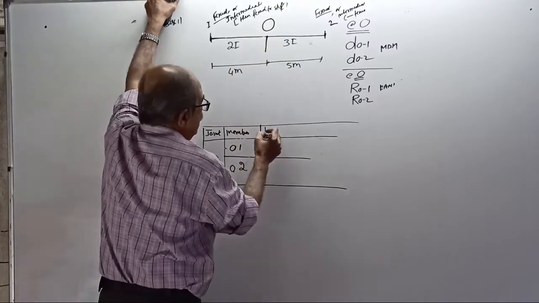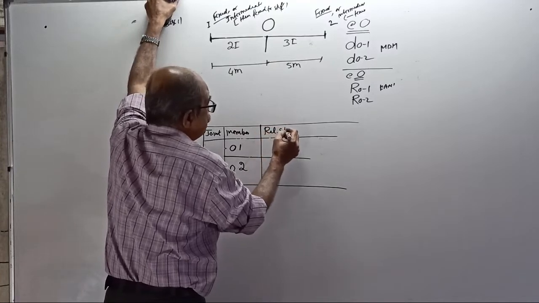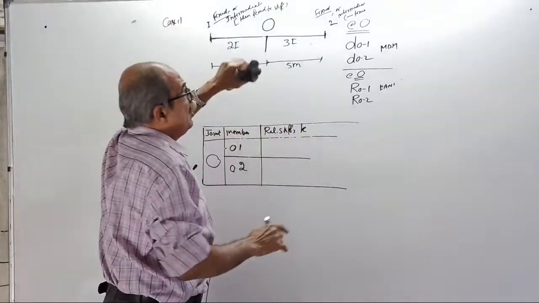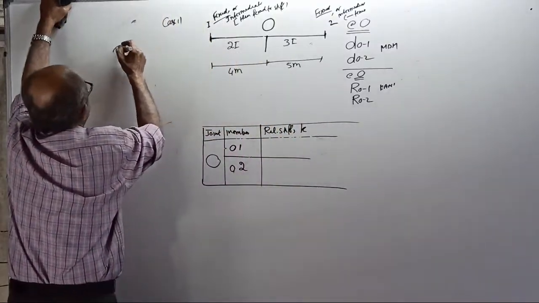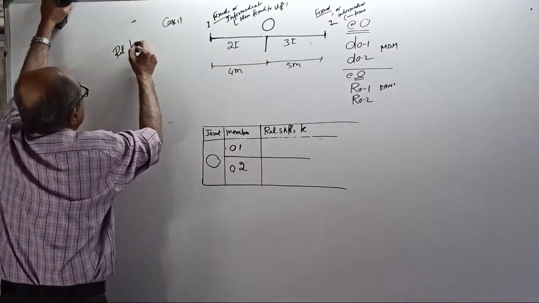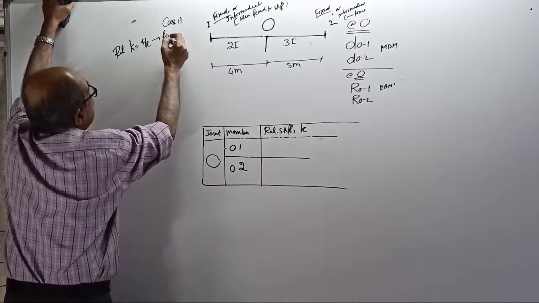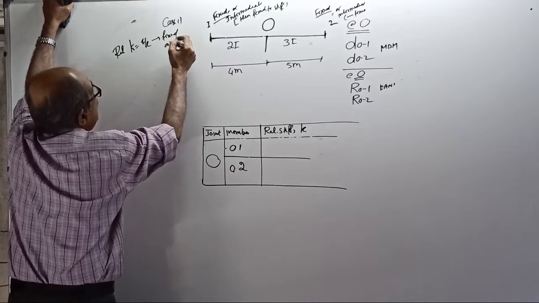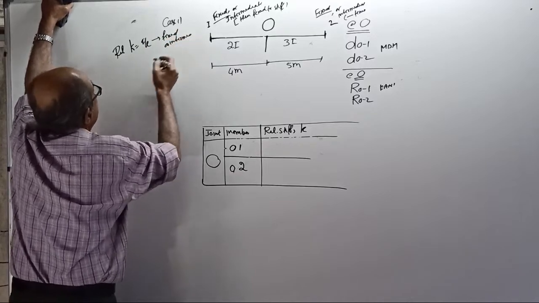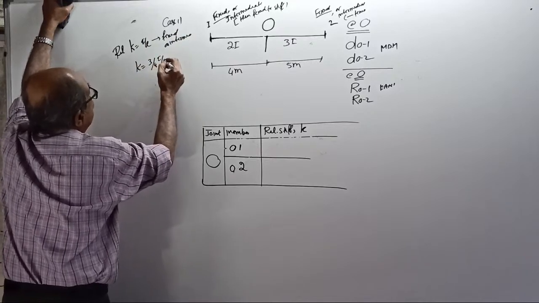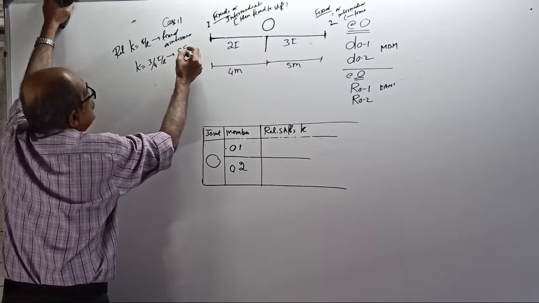Tell me, what is the relative stiffness, that is small k? Remember, I told you relative stiffness equals I by L if the far end is fixed or intermediate, whereas relative stiffness equals 3/4 I by L if the far end is a simple support.